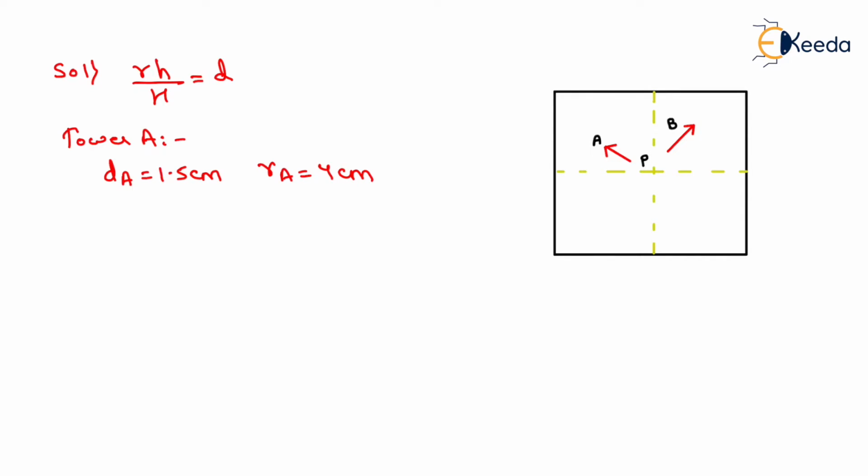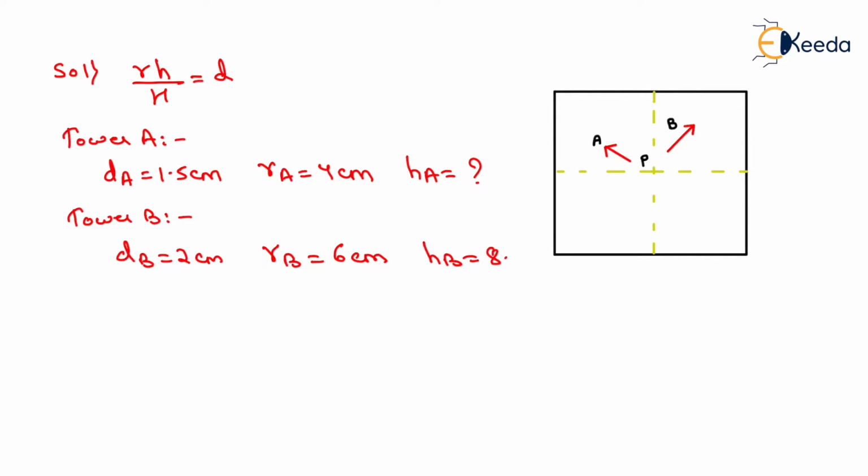We need to find the value of HA. And for tower B, the value of dB is given as 2 centimeter, the value of RB is given as 6 centimeter, and the value of HB is given as 80 meter.